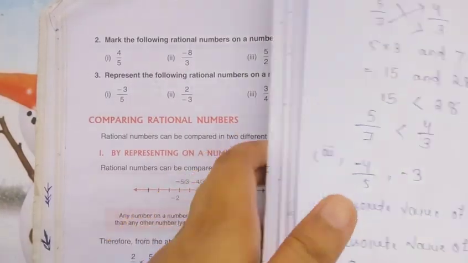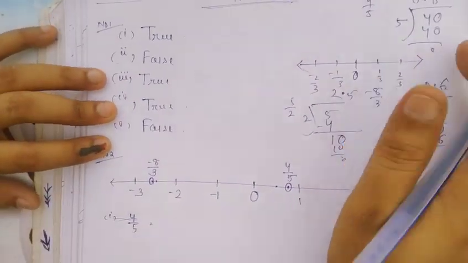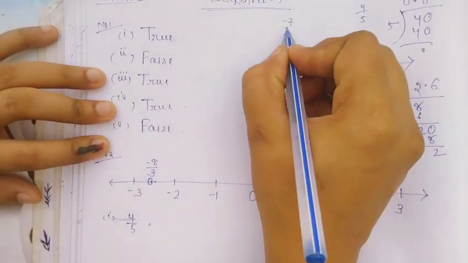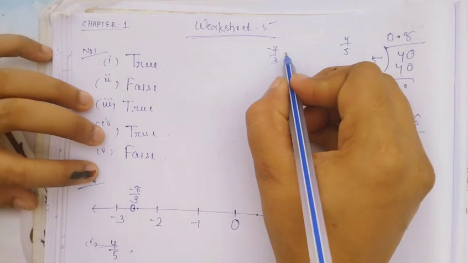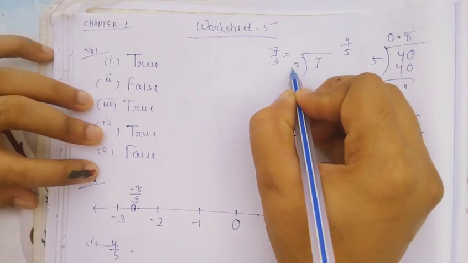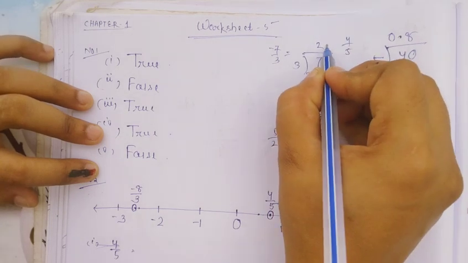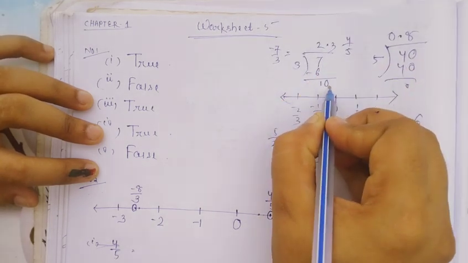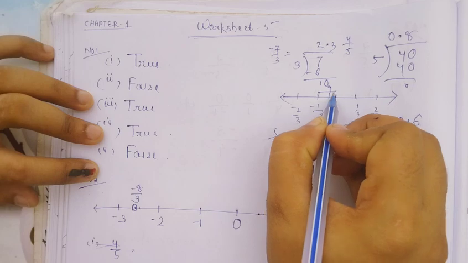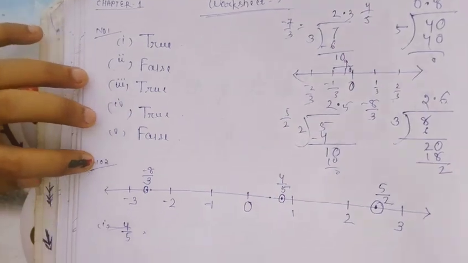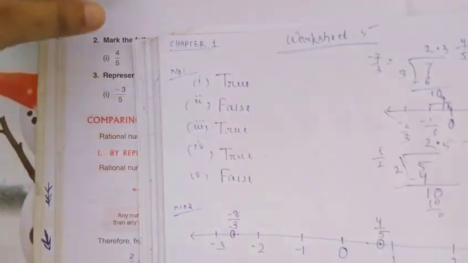Then we see minus 7 by 3. 3 times 2 is 6. 7 minus 6 is 1. Then you put a decimal and 10. 3 times 3 is 9. Then 2.3. This is the negative side because it is minus 7 by 3.